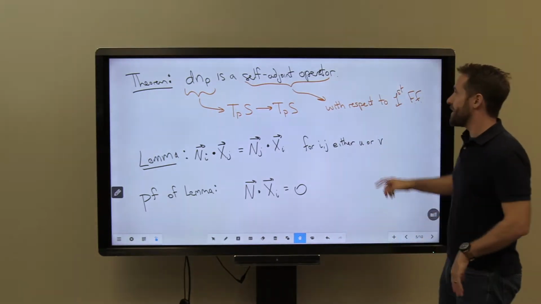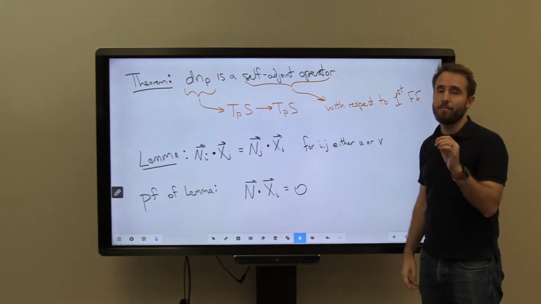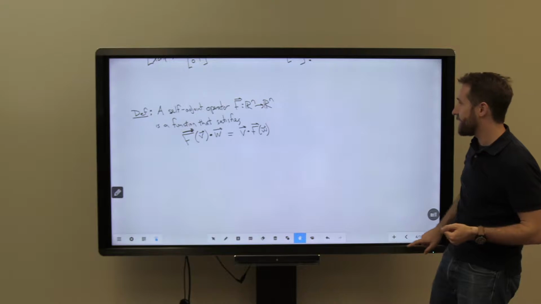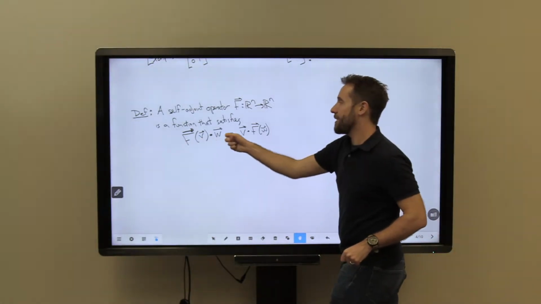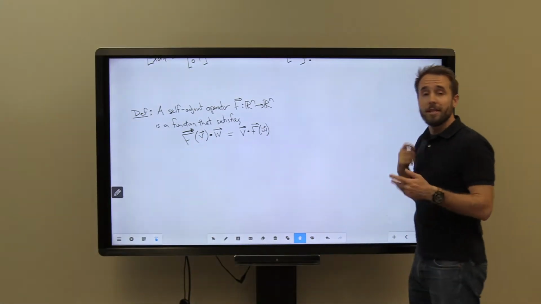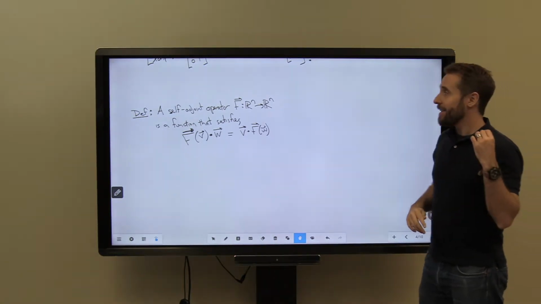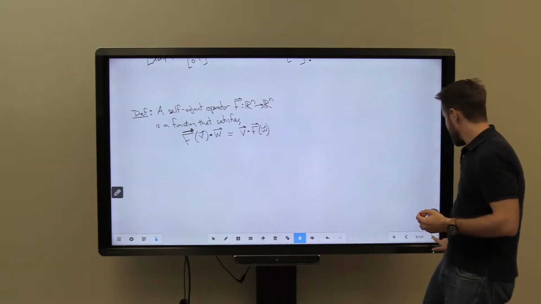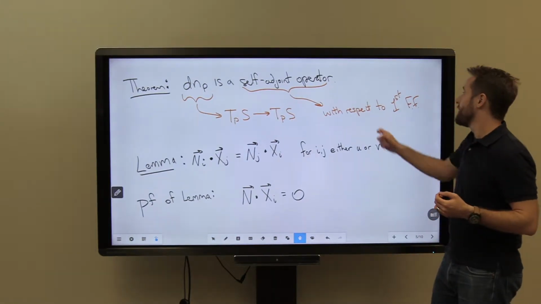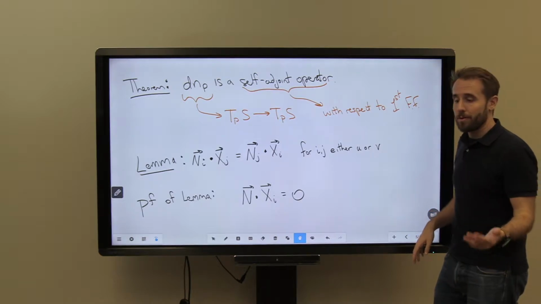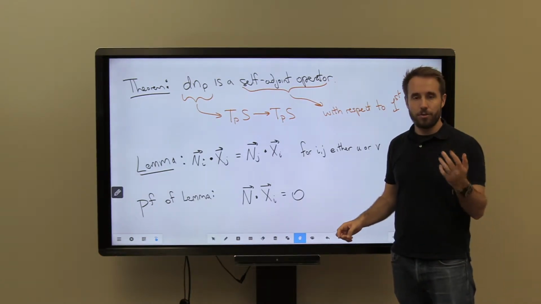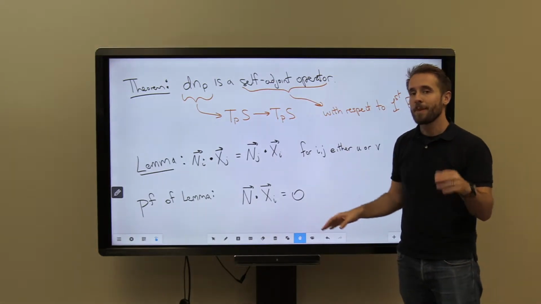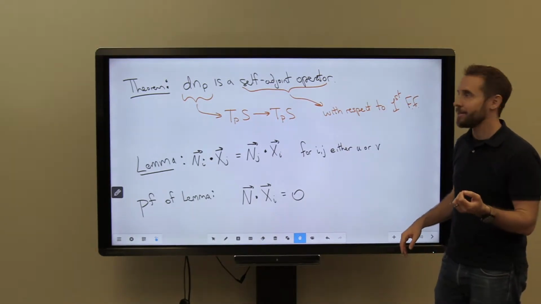Now, that being said, when we talk about the self-adjoint operator, one of the important things that we saw was that the dot product was part of the definition. If I go back a slide, this was f of v dotted with w equals v dotted with f of w. And so we are looking at a dot product. Here we are looking at the vectors inside of this tangent plane. And so the dot product in this tangent plane is just the first fundamental form, which was how we measured, or we could take the first fundamental form of two vectors in the tangent plane by taking their R3 dot product.